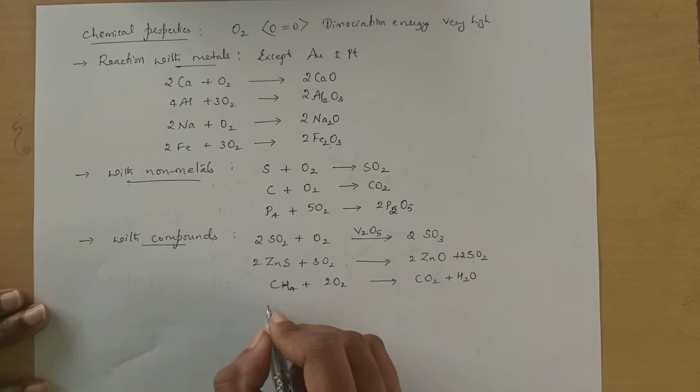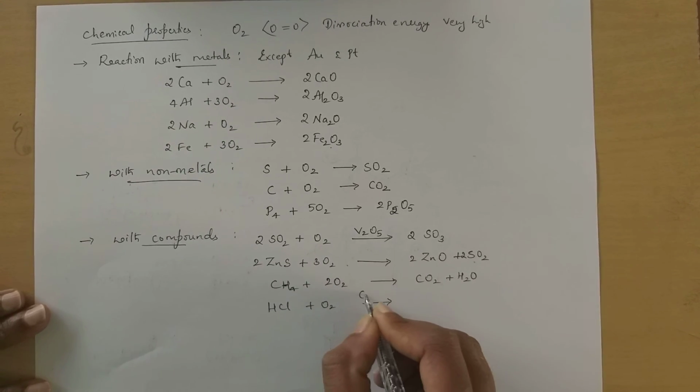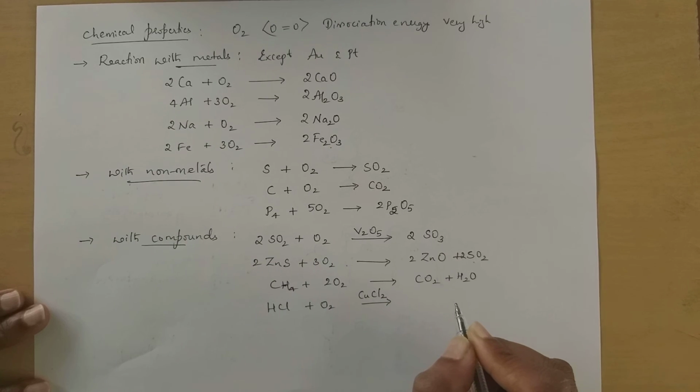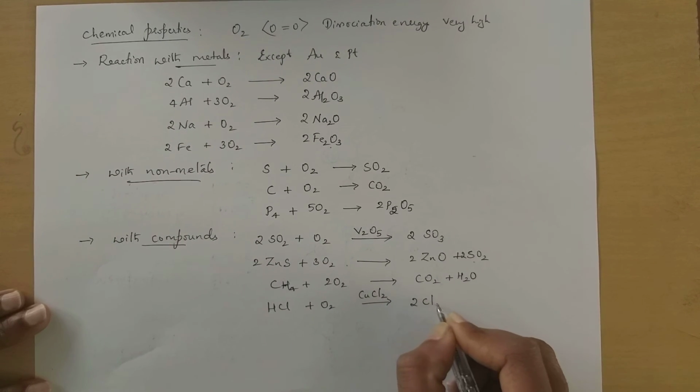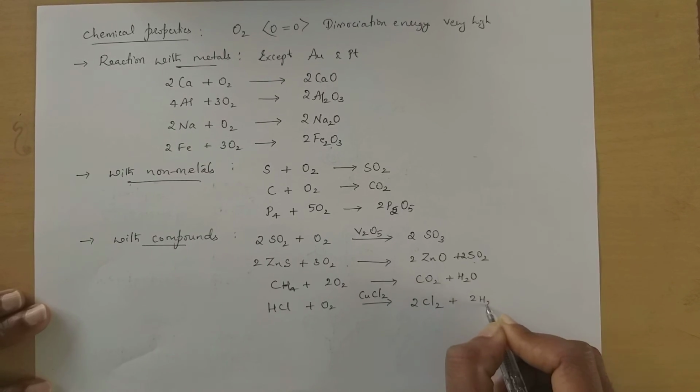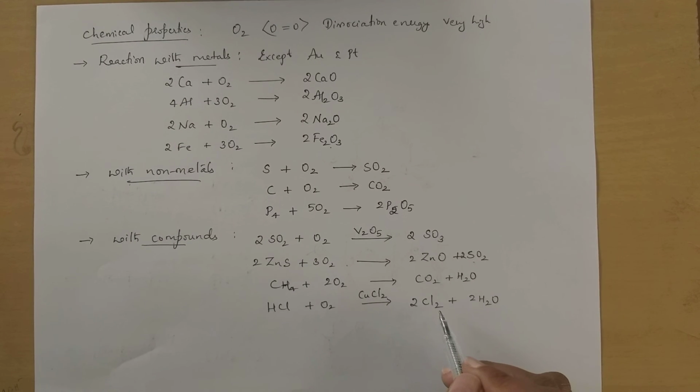Next, HCl combines with oxygen in presence of CuCl2 catalyst to give chlorine plus H2O. So hydrogen chloride combines with oxygen in presence of CuCl2 to give chlorine and water. This is how oxygen reacts with compounds.